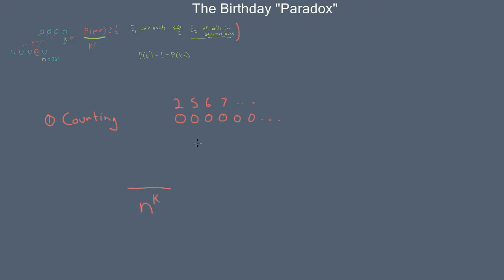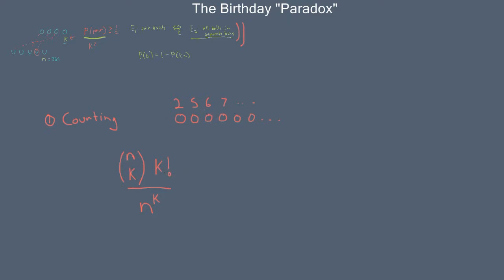So there's n to the k possible sequences when we have k balls, and we want to figure out the fraction of those sequences where all the balls remain in separate bins. Well, if all the balls remain in separate bins, that means we are selecting k of the n bins, which will be the bins that have balls in them. And there are k factorial orders for this to happen.